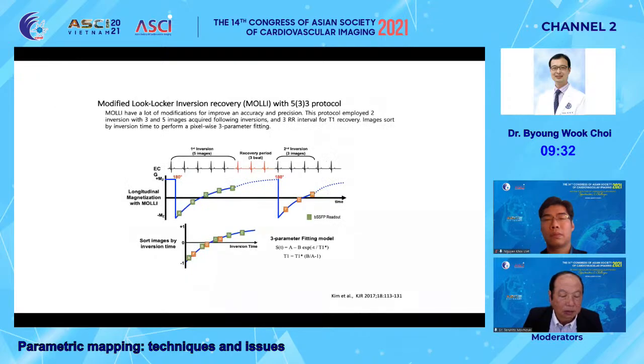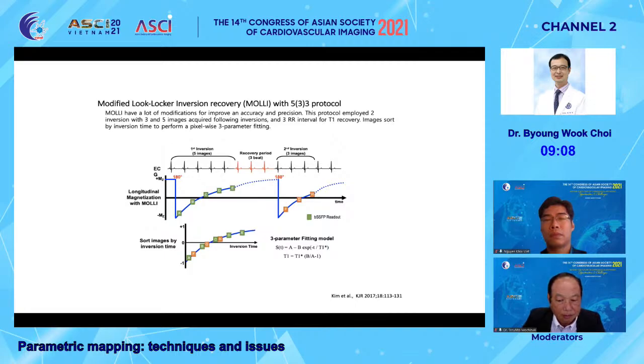The most practical T1 mapping technique for native T1 of myocardium now is the modified MOLLI technique with the 5-3 protocol. This protocol employs 2 inversions with 5 and 3 images acquired following inversions and 3 recovery intervals for T1 recovery in Siemens, and alternatively 3 seconds in Philips.